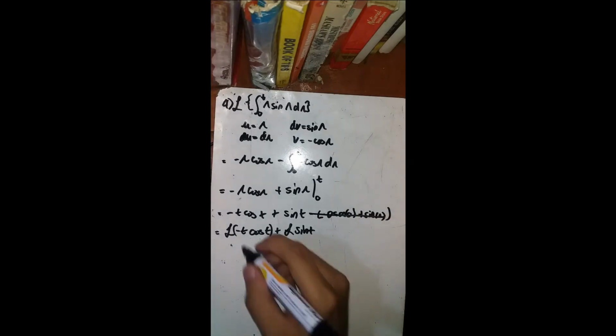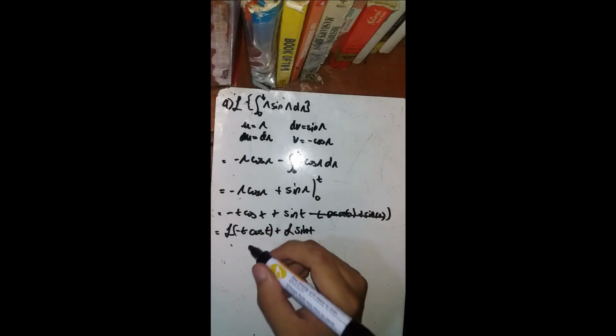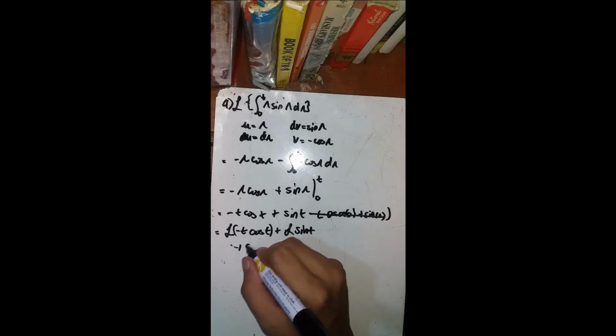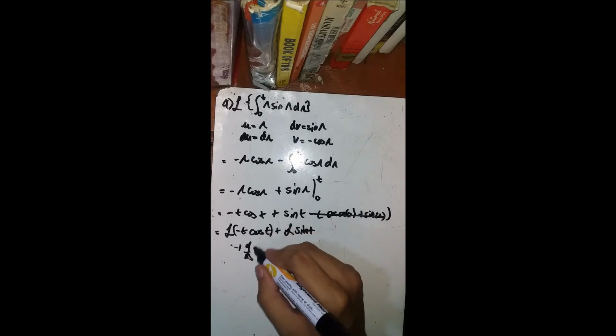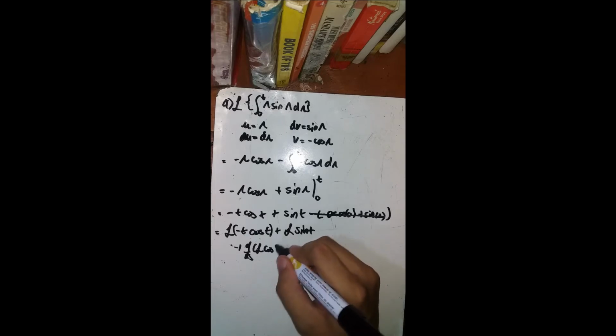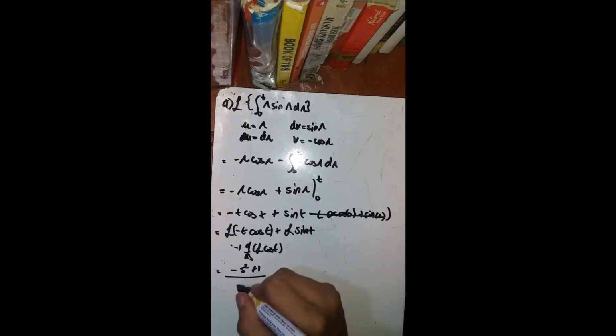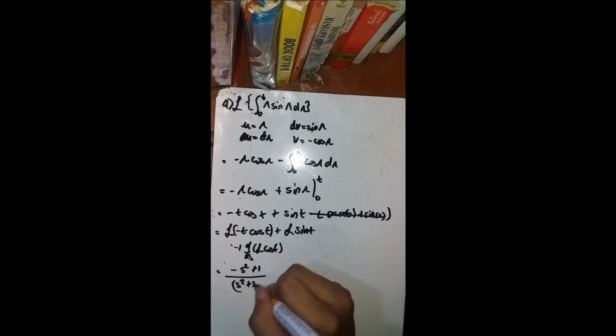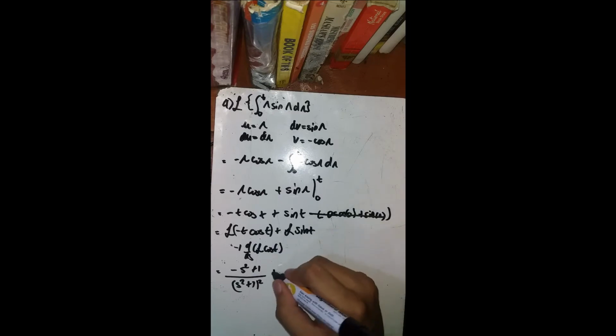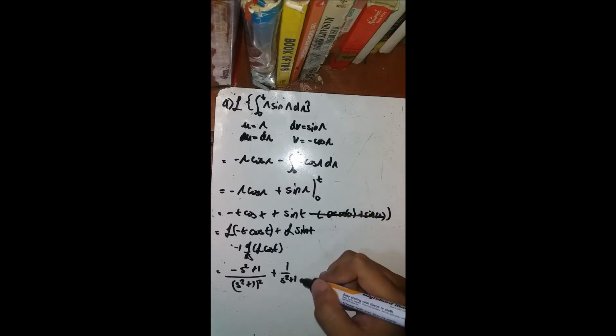Now we're going to have the Laplace of negative t cos t and also sine of t. Okay, here we can use your table, which is negative 1 d over ds times Laplace of cos t, actually equal to negative (s squared minus 1) all over (s squared plus 1) raised to 2, plus Laplace of sine, which is just 1 over s squared plus 1.